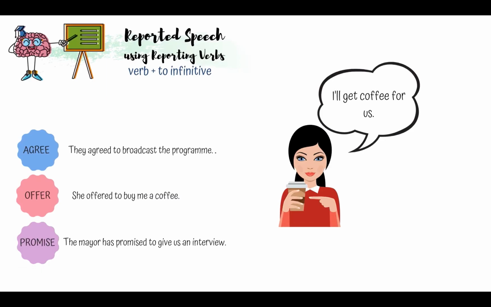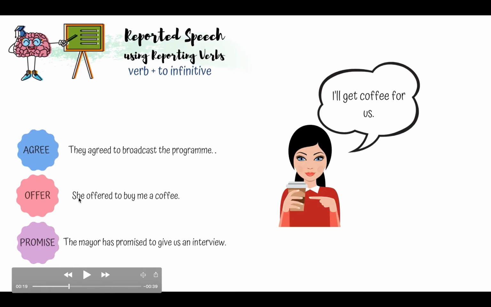Now have a look at the verb offer. We have an example here. She's offering; the function of what she's saying is to offer. It doesn't say in this sentence offer. It doesn't actually have the verb offer, but she's showing that she's offering to buy coffee. So when we report this into a reported speech statement, we use the verb offer.